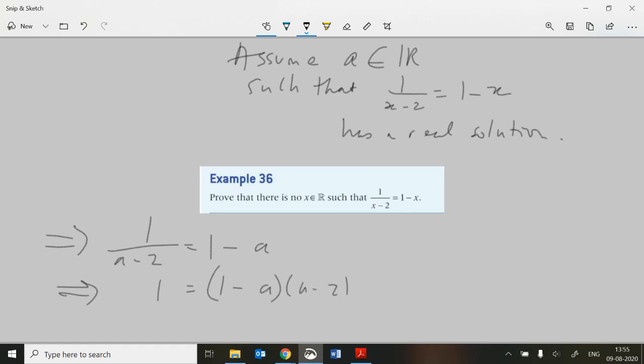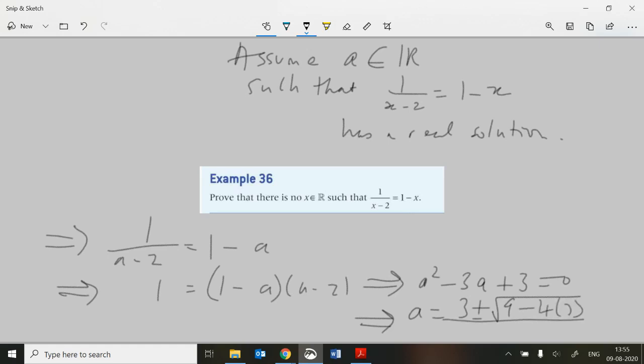And then when you try and solve that quadratic, I'm just going to skip some steps here, because they're pretty easy for you to do. You end up with a squared minus 3a plus 3 equal to 0. And that implies, using the quadratic formula, that a is equal to 3 plus or minus the square root of 9 minus 4 times 3, divided by 2 times your coefficient of a squared, which is 1.